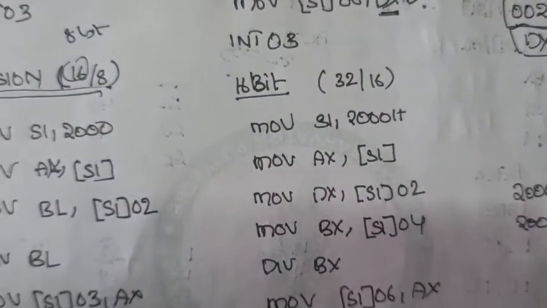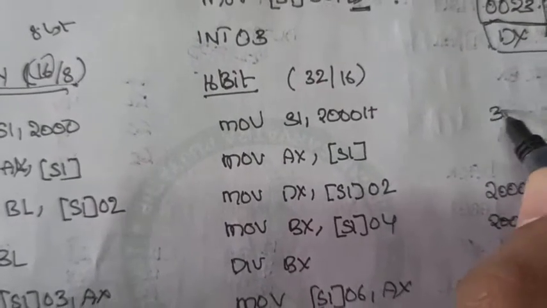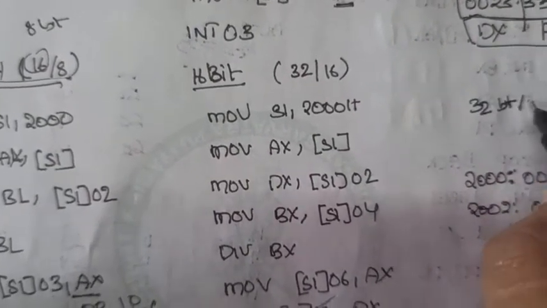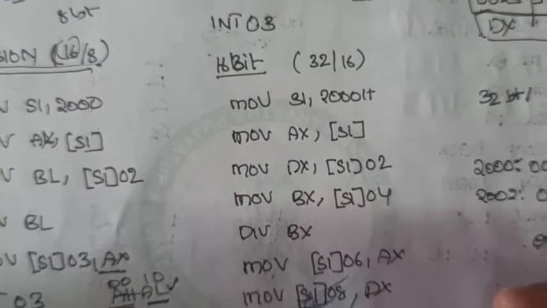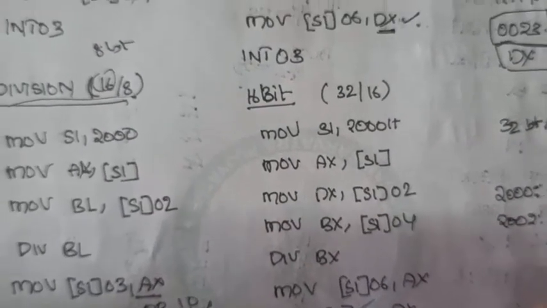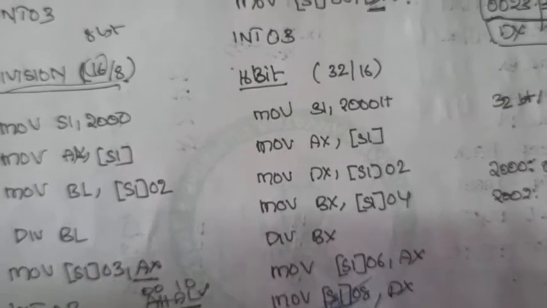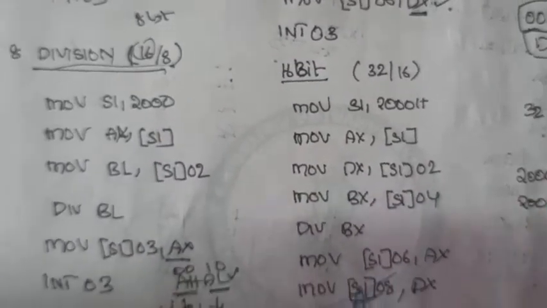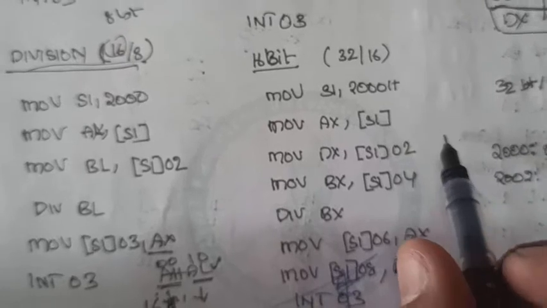Similarly, for a 16-bit division we have to give a 32-bit input, but registers only support 16 bits. How can we provide this 32-bit input? As I said in the multiplication program also, the DX register supports storing additional data.